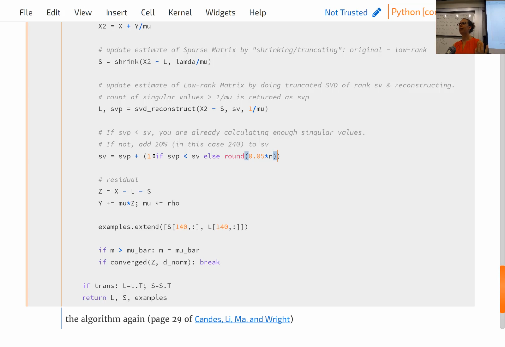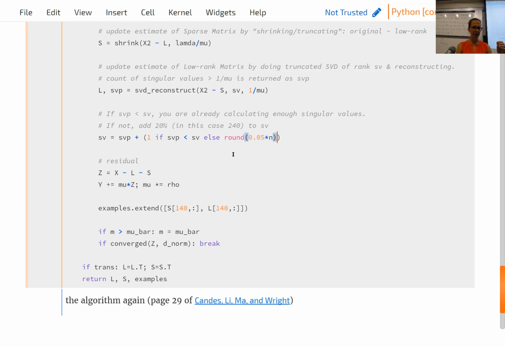However, if we're keeping all of them, that's a sign that we're not getting enough singular values, because they're all large enough and there might be more of large magnitude that we're not finding. In that case, we add 20% of the smaller dimension, which here is 240, to SV.